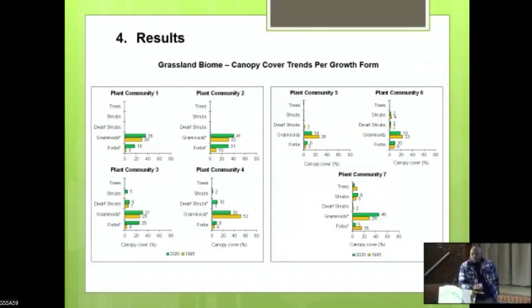But as we start moving downstream, their cover starts going down, and then there's a manifestation of woodies coming in from plant community 3, and then down to plant communities 6 and 4 as well. There's a slight decline of woody cover in the downstream plant community 7 of the grassland biome, but this is mainly due to certain species that were controlled, which I'm going to speak about in the invasive component part.